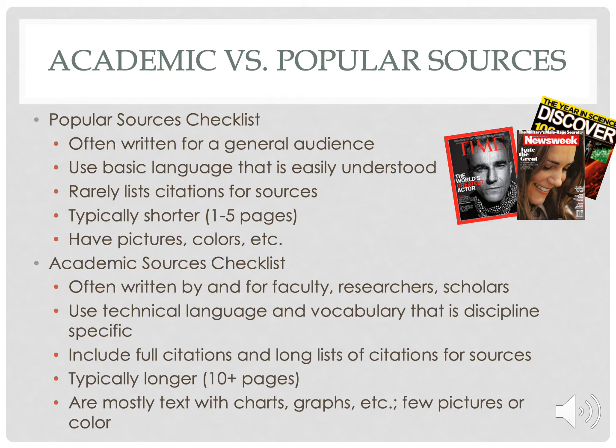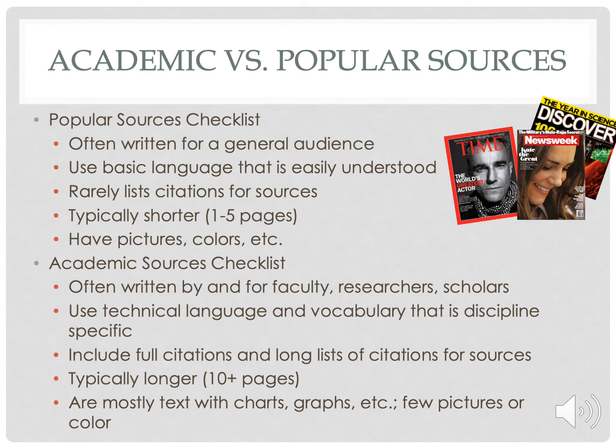And then if you look at the academic sources and how they compare to popular sources, they're often written by and for faculty, researchers, and scholars. They use technical language and vocabulary that is discipline specific. So a psychology journal would have terms related to psychology that you may not be familiar with, for instance.